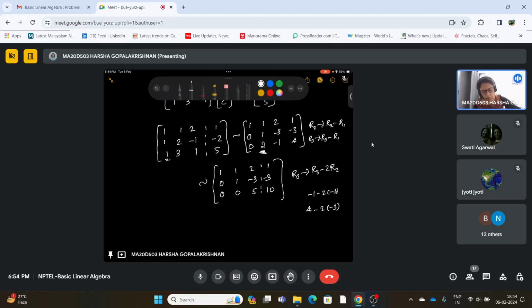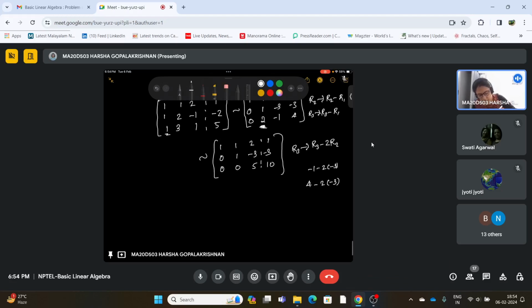Now, what is the rank of A and what is the rank of the augmented matrix, A bar B bar? This much is our A and this whole matrix is A bar B bar. What is the rank of A bar?